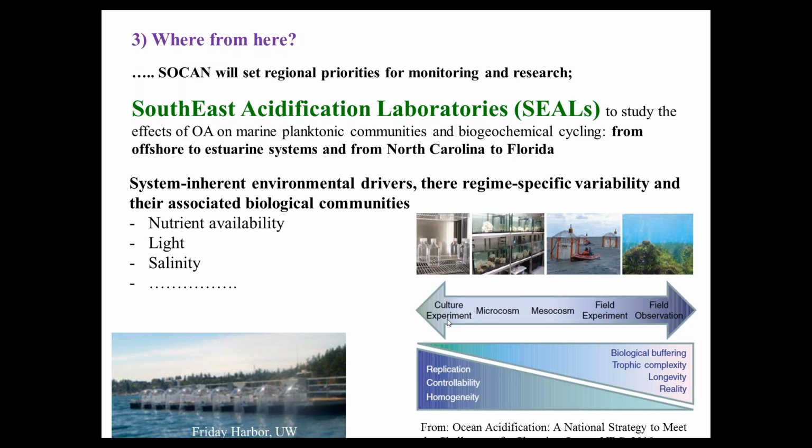It would be a tremendous help to get from our little culture experiments and microcosm experiments to larger scale understanding of OA and what it will do, and tie that in with all the field observations that are already being done along the coast.